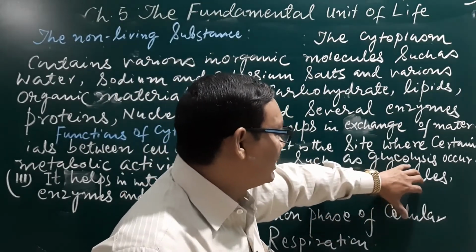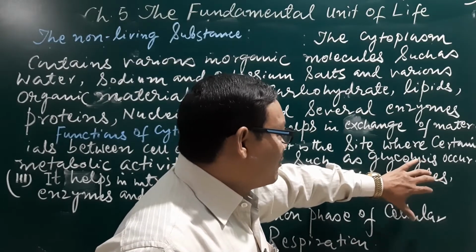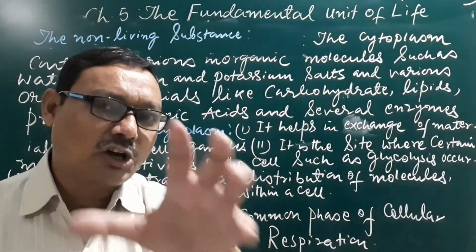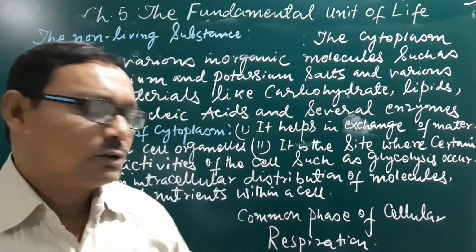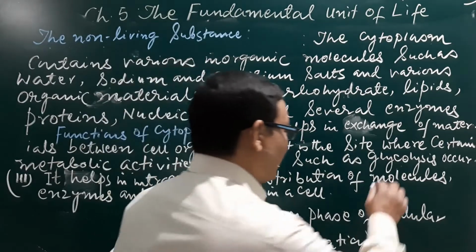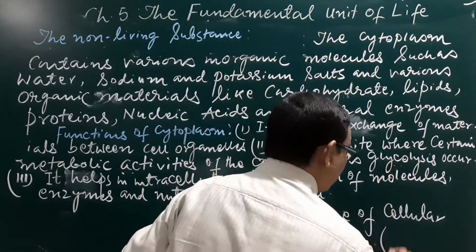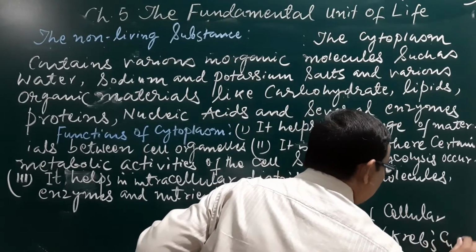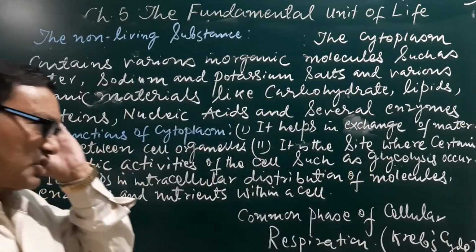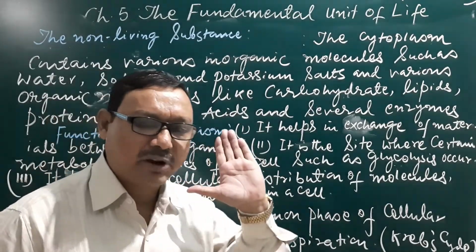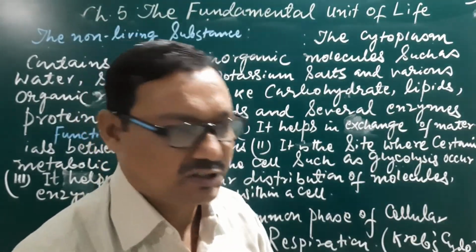Here, without involvement of oxygen, a partial breaking down of the glucose molecule takes place. And in the second phase, after glycolysis, that is the Krebs cycle, where the process is completed. That means complete oxidative breaking down in case of aerobic respiration takes place.